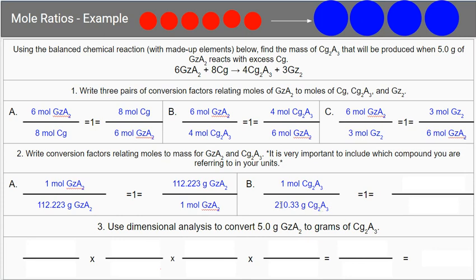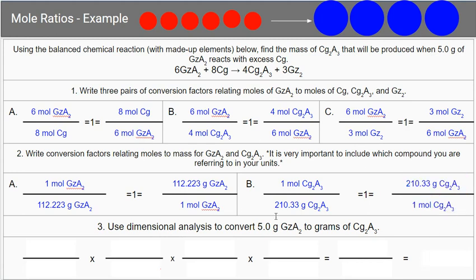Right, so our molar mass is 210.33 grams per mole. That's the typical units. But again, we learned in our last lesson that we can turn that into an equality and use that equality to create this conversion factor. So if you need some help remembering that, check out the video that we had on the example for writing molar masses. All right, and then we can do the flip of that.